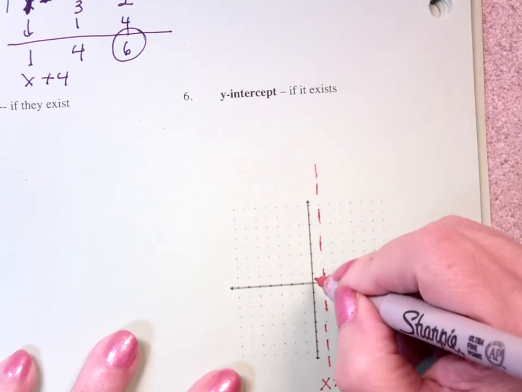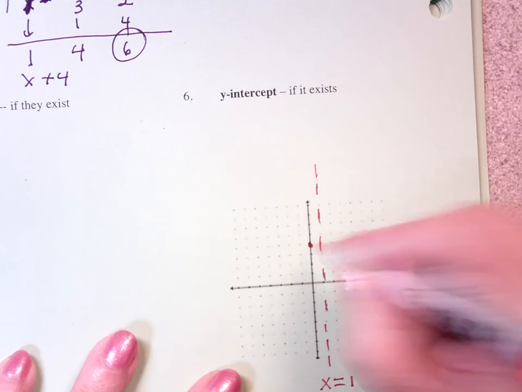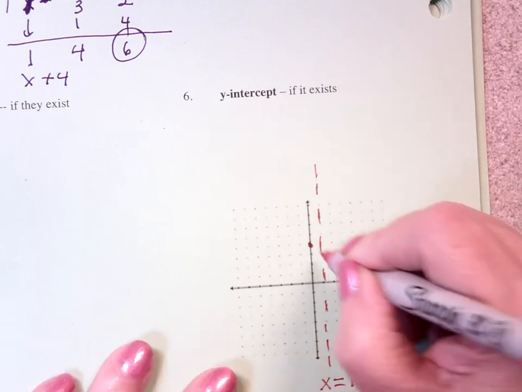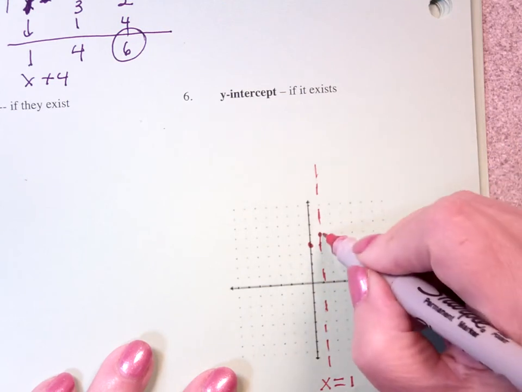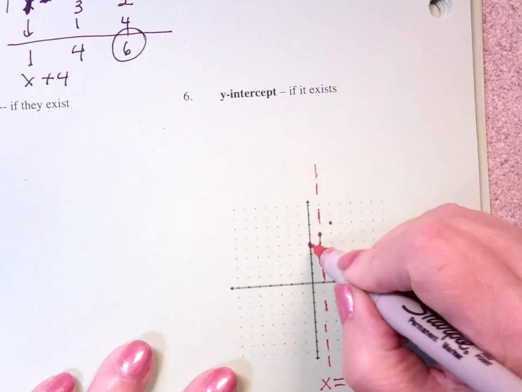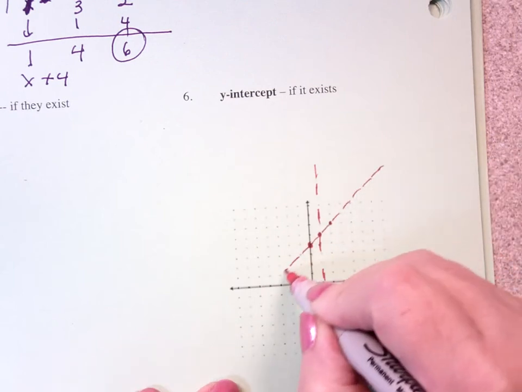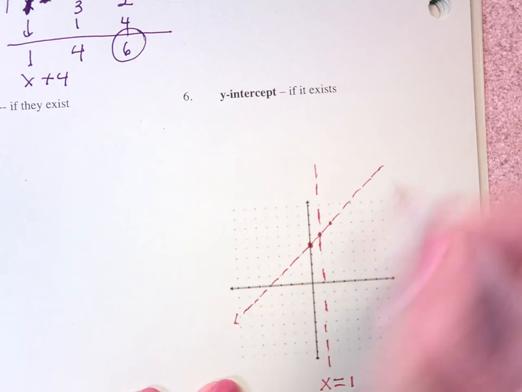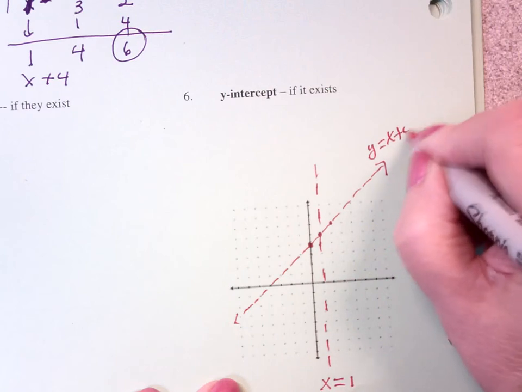So it's got a y-intercept of 1, 2, 3, 4, and it has a slope of 1, which means it's over 1 and up 1, over 1 and up 1. And this is y equals x plus 4.